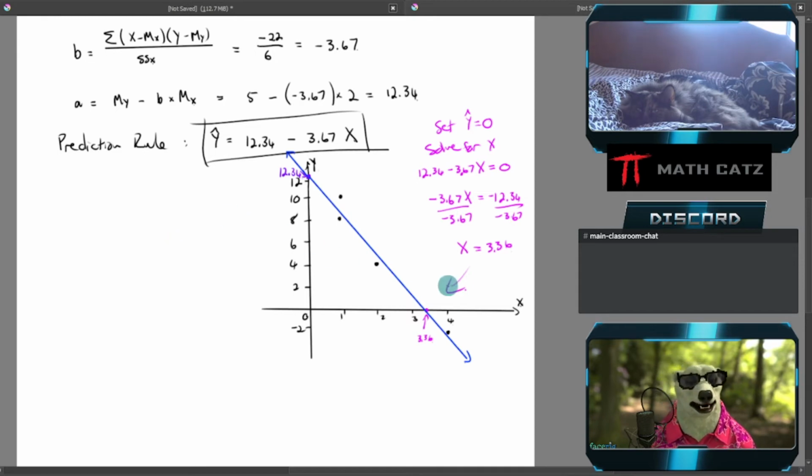We visualized it. Let's make a prediction here in part C for dexterity of 1.